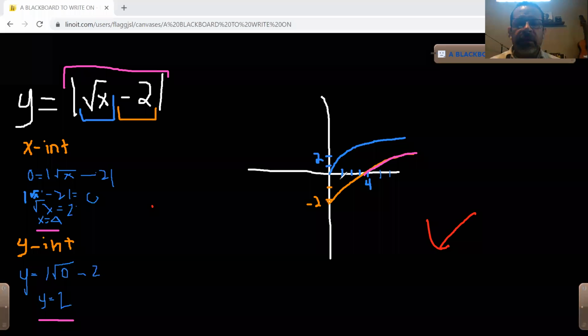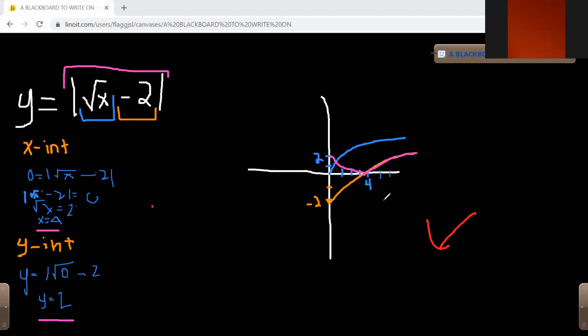So the curve is downward. What you mean is that it would go kind of like this, right? Yes. Okay, correct. Thank you, Diego. So it's an important observation. Instead of it being concave downwards, it's concave upwards. Okay, good.